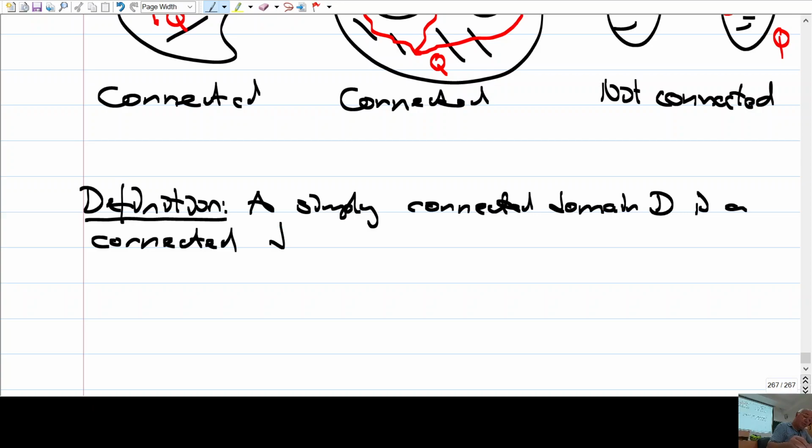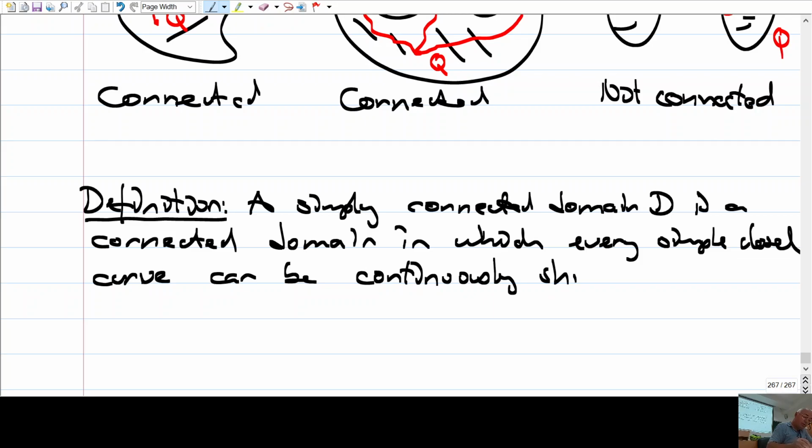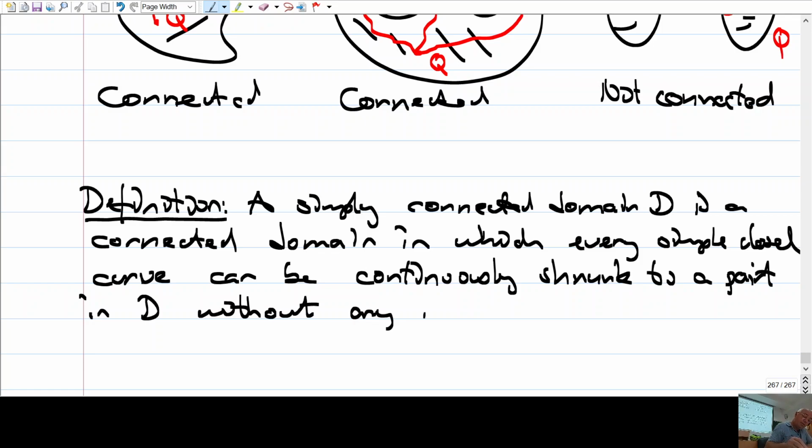So it will be connected first, but then there is more than that, in which every simple closed curve can be continuously shrunk to a point in D without any part ever passing out of D.